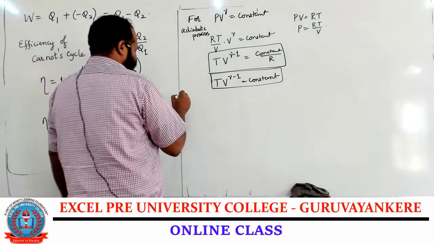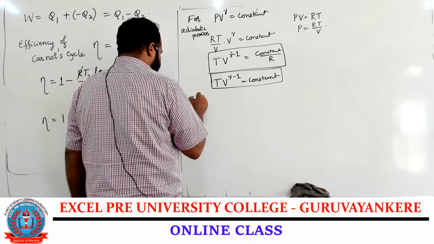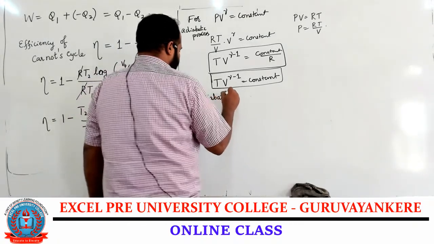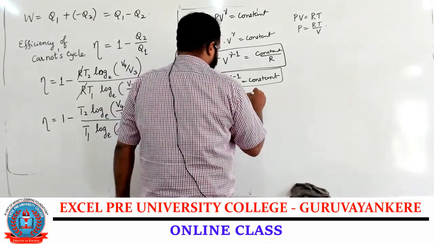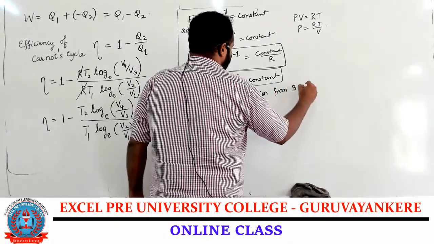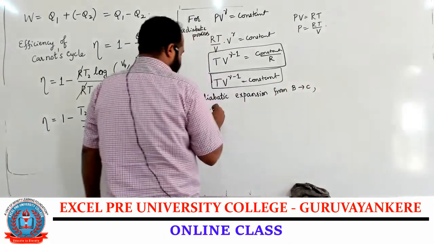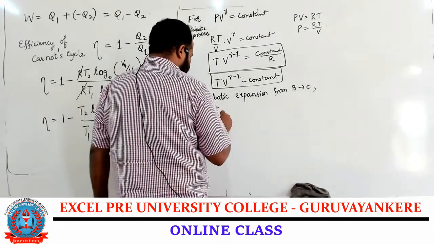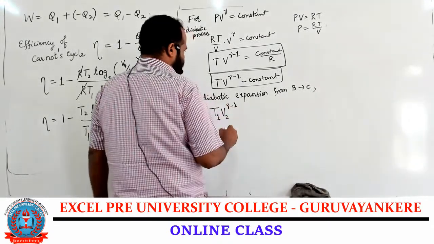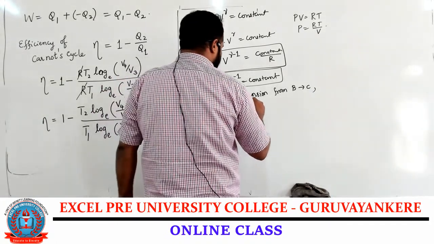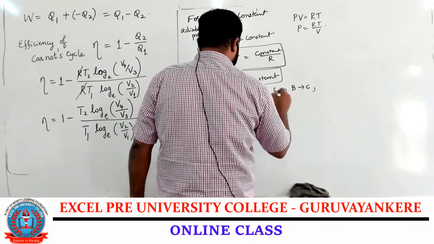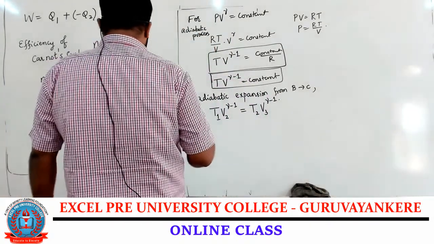So, for adiabatic expansion from B to C, temperature T1 and volume V2 to the power gamma minus 1 should be equal to T2 V3 to the power gamma minus 1.